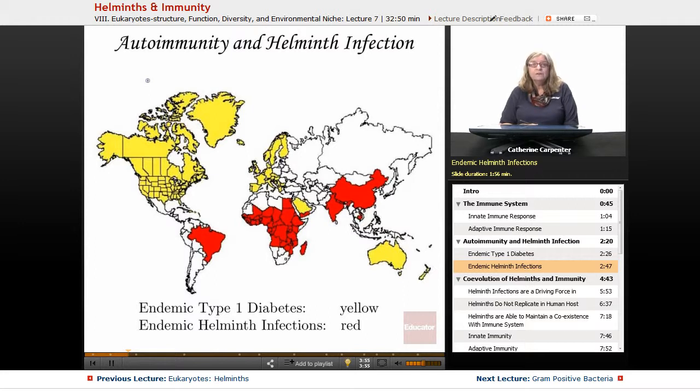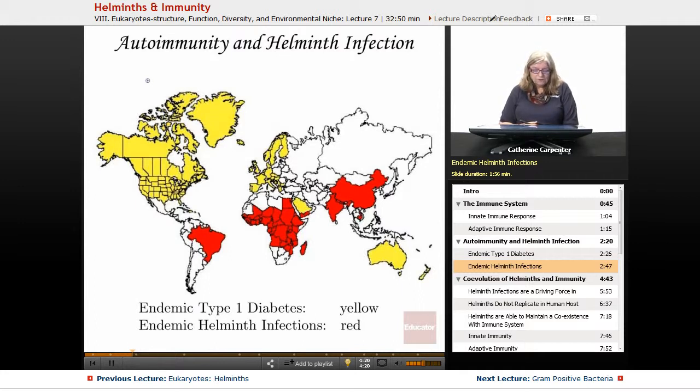So one example is type 1 diabetes. Type 1 diabetes is an autoimmune disease where the immune system destroys the pancreatic beta cells, and it's the pancreatic beta cells that produce insulin. So type 1 diabetics are no longer able to produce insulin, and they rely on insulin-based therapy for the rest of their life.